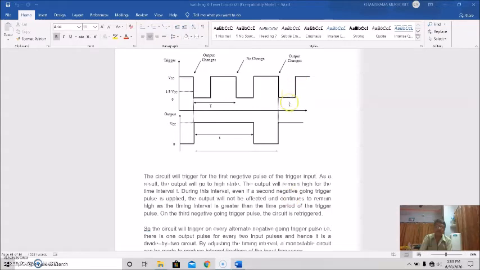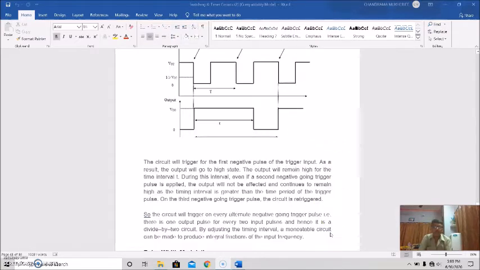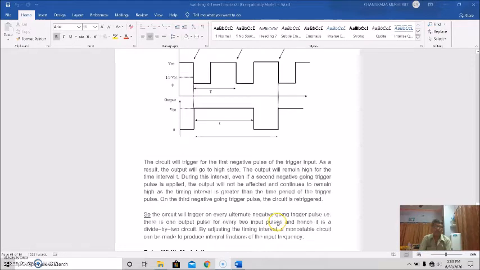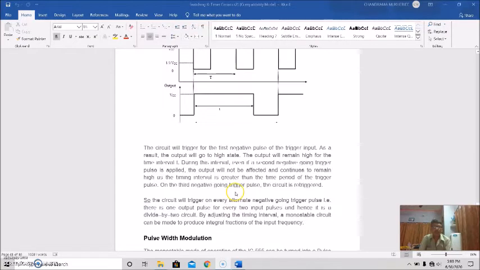See, this is the third negative going trigger pulse. So the circuit will trigger on every alternate negative going trigger pulse, and there is one output pulse for every 2 input pulses. See, this is one output pulse.